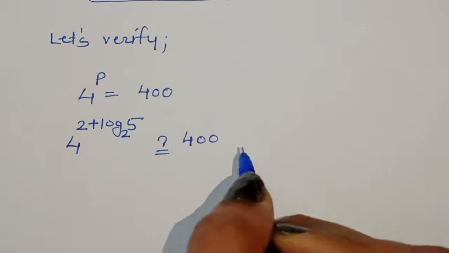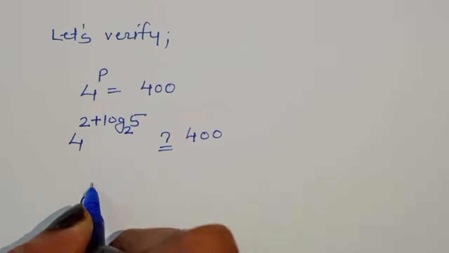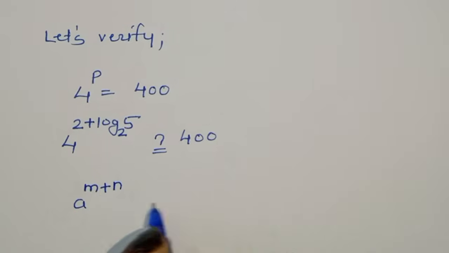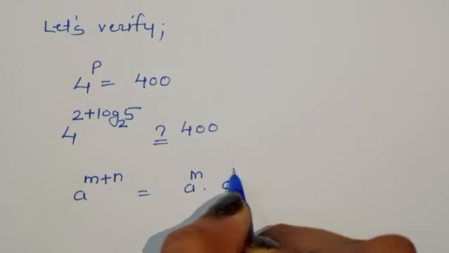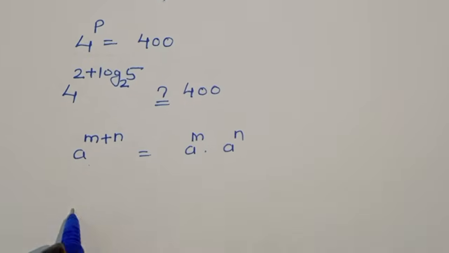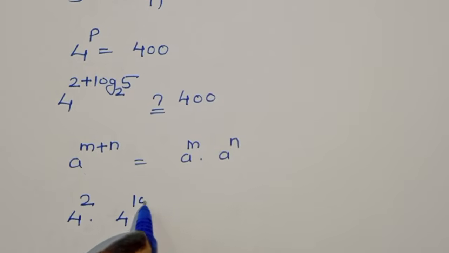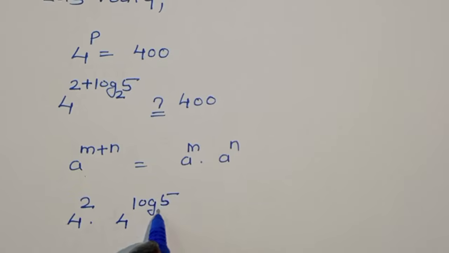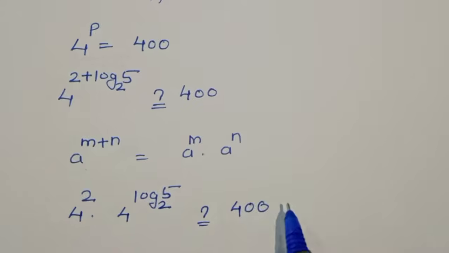Now this is the form of a power m plus n. So a power m plus n is equal to a power m times a power n. Using this formula we get 4 power 2 times 4 power log of 5 to the base 2, question mark 400.